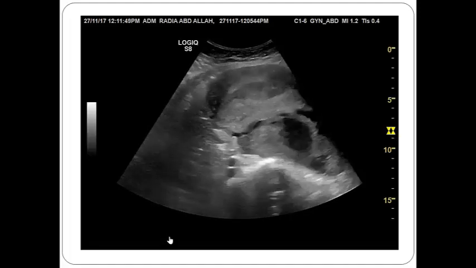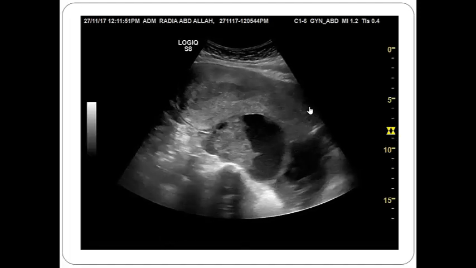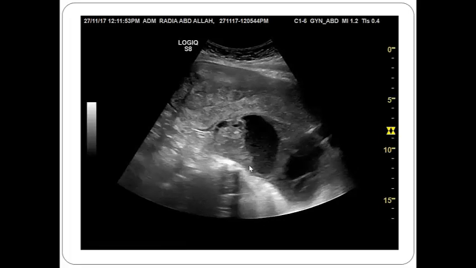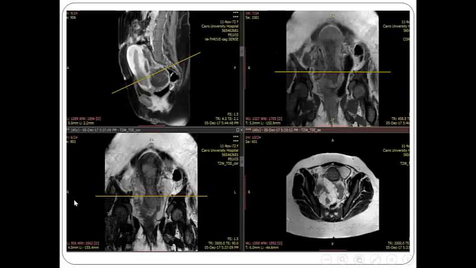So again, the ultrasound shows malignant ovarian lesions, and this is the heterogeneous endometrium passing to the cervix. Again here, there is no early enhancement, so this is endometrial more than cervical. And then here we have bilateral ovarian masses.